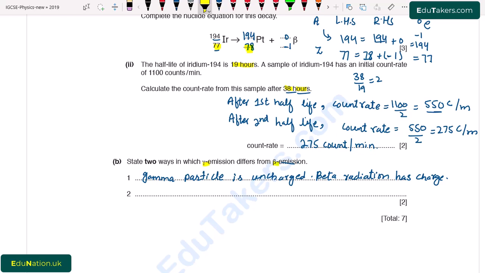So I write here number of protons remains the same in gamma emission while it changes in beta emission.